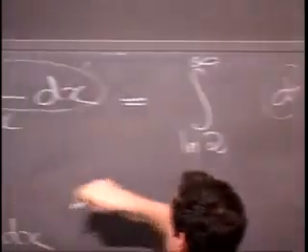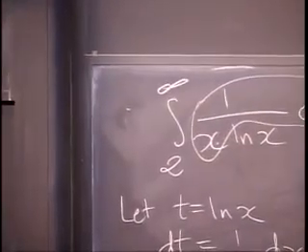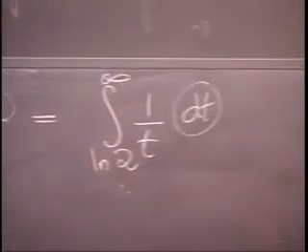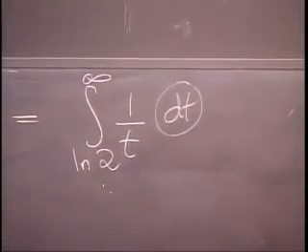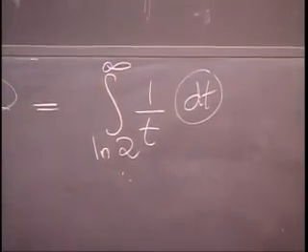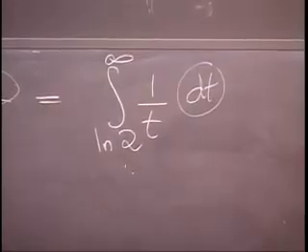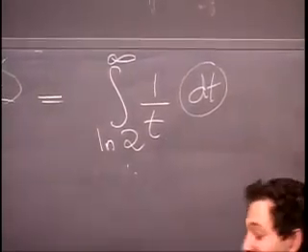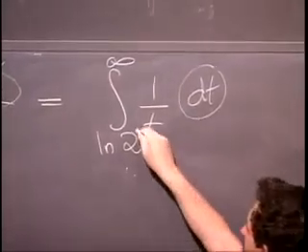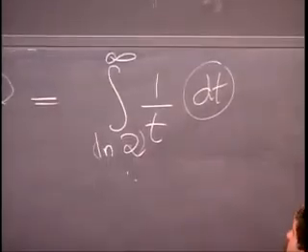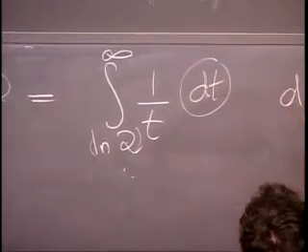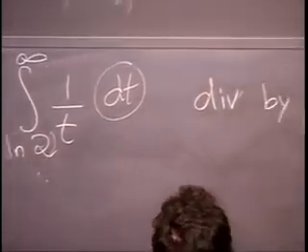And then we have the log x on the bottom, which becomes a t. So, lo and behold, we now have reduced it to the p-test, but in t-land, the log 2 doesn't matter. It's the infinity that's the problem spot, and this diverges by the p-test.